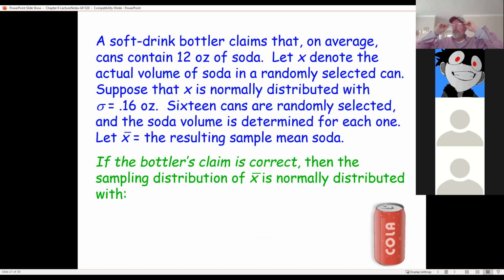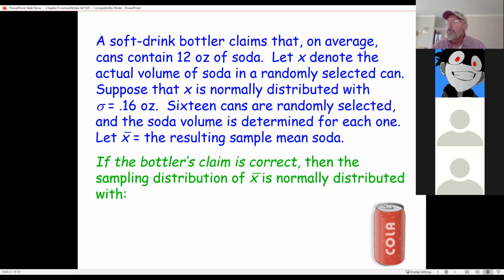So let's try to think about this example here. We have a soft drink bottling manufacturer, and the average can contains 12 ounces of soda. X is denoted, and we're looking at each of the soda cans, and we're going to test the volume and start to think about randomly selecting cans off the assembly line.